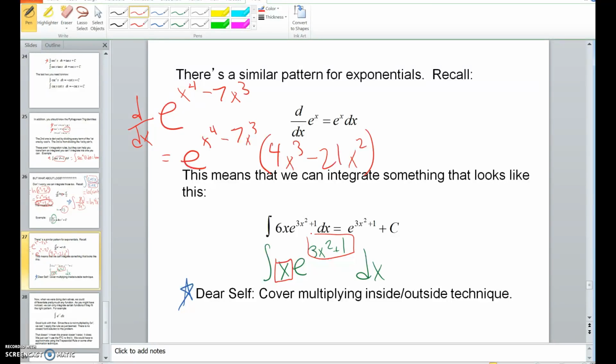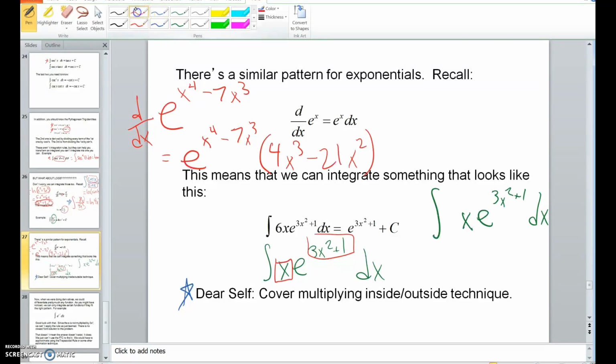The derivative of 3x squared plus 1 is 6x, and I'm only multiplying this e by x and not 6x. That sucks for me. But we can do a little bit of math craftery here. So what I'm going to do is I'm just going to recopy the problem. I have x e to the 3x squared plus 1.